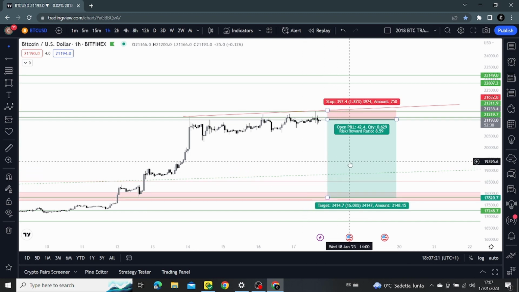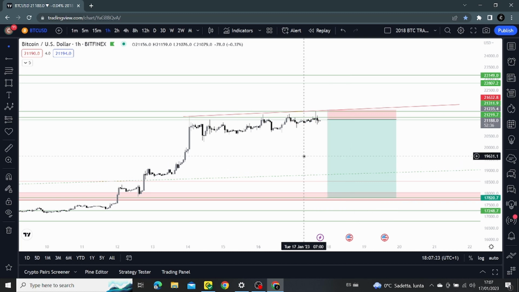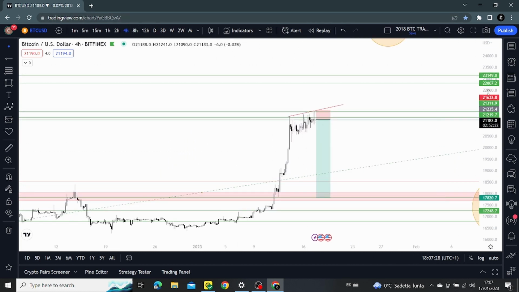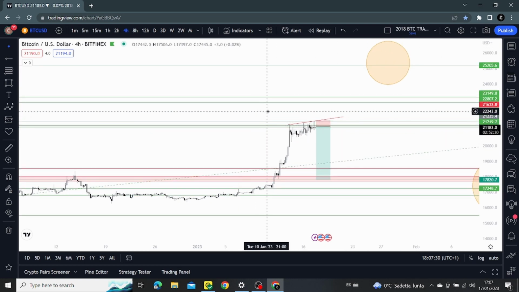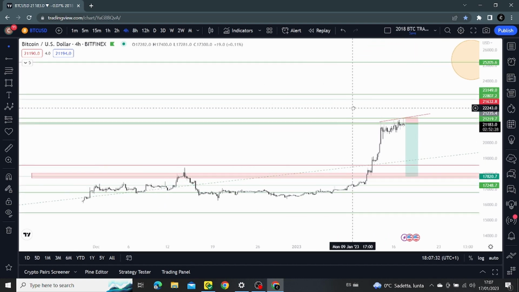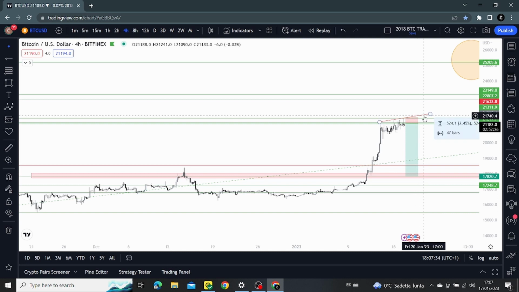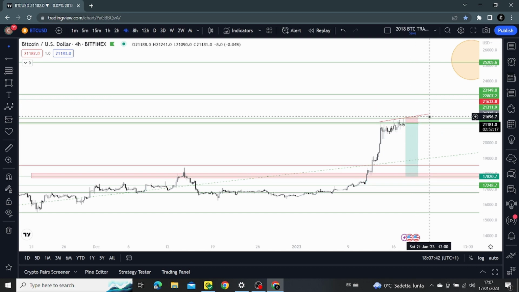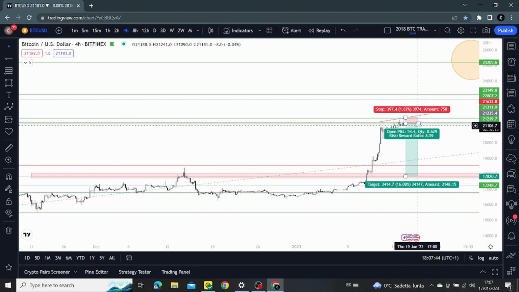Okay, it's a good trade. Let me go to the 4 hour. This is the trade for today. Okay, the stop loss higher than the previous week, just a few pips. It's like 1.87% risk, okay, with a risk to reward ratio of 8.